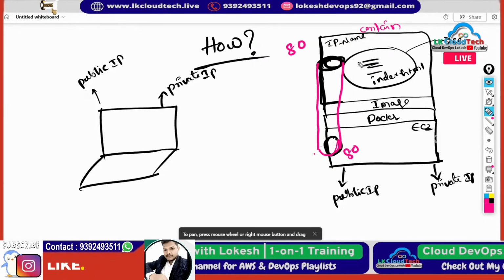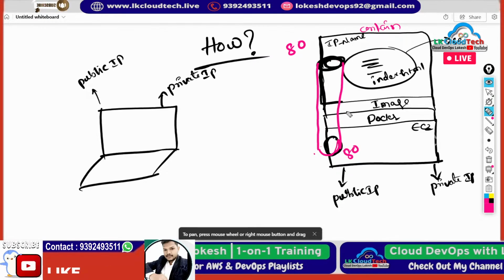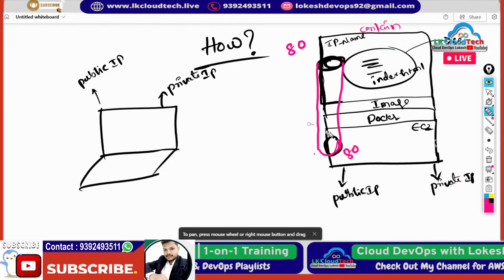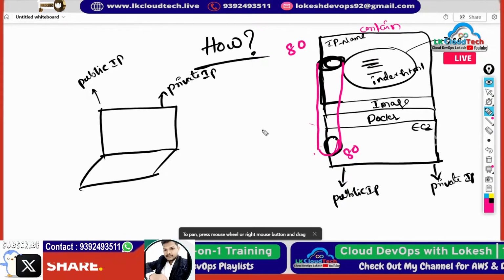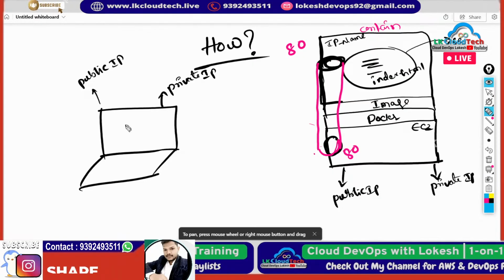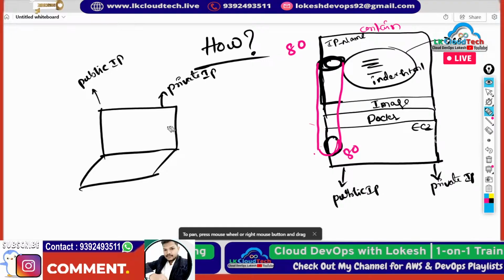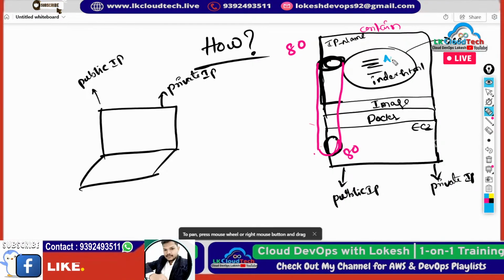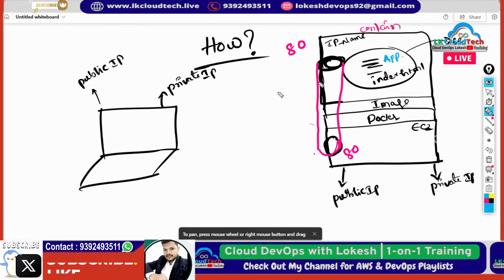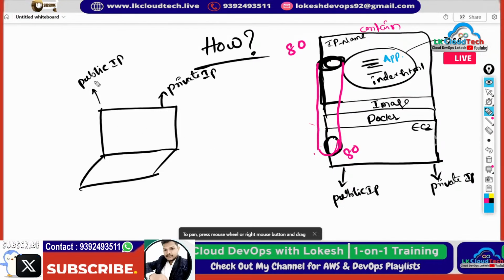If anything wants to communicate, you can communicate with this port. You must understand this point. If I want to access the container application, first of all my communication goes through the public IP.